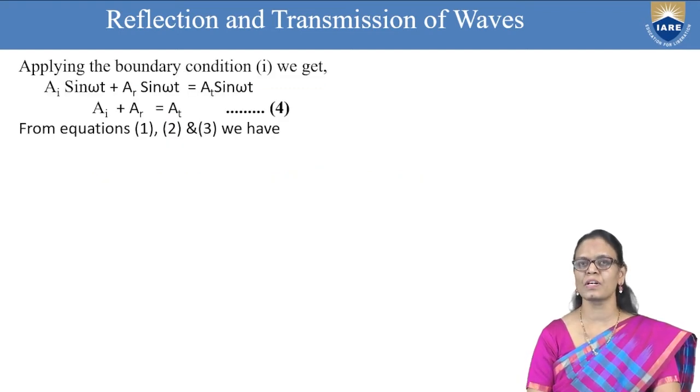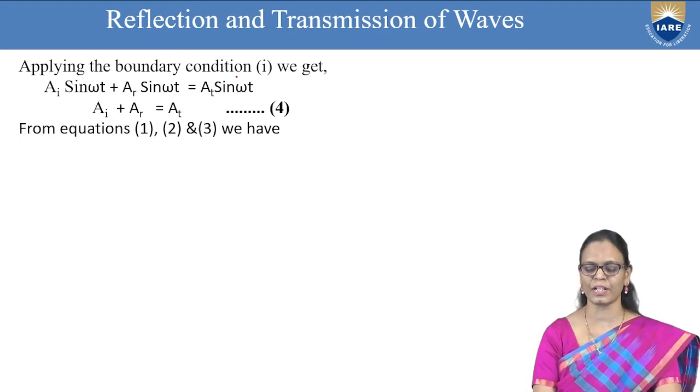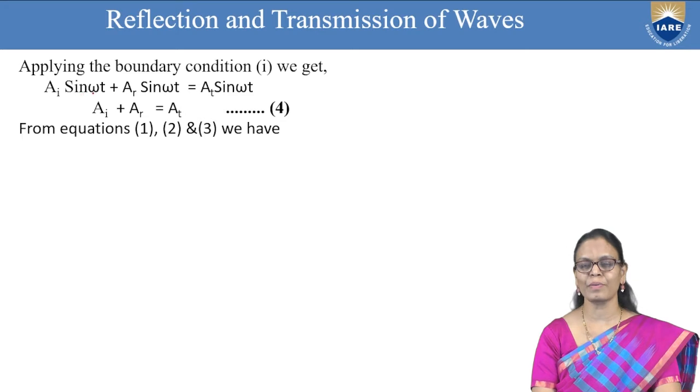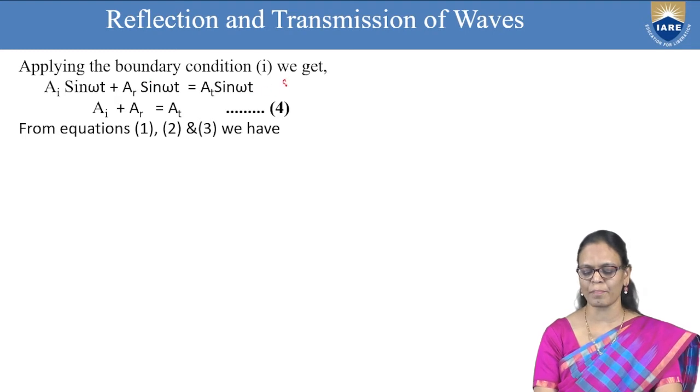Now we'll apply the first boundary condition. What we have here is AI sin omega t plus AR sin omega t should be equal to AT sin omega t. At the boundary, AI sin omega t plus AR sin omega t should be equal to AT sin omega t. So sin omega t is common here.